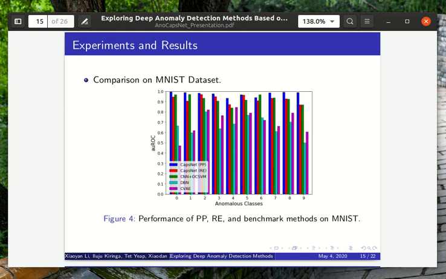From the results, we can clearly see that both CapsNet-based methods outperform the 3 baselines to a great degree. Generally, the prediction probability based method has slightly higher performance than the reconstruction error based method.